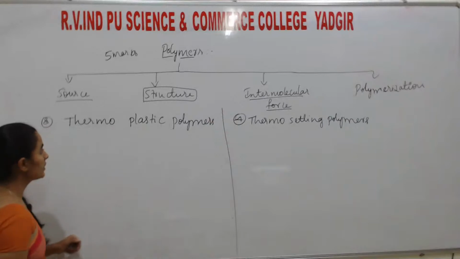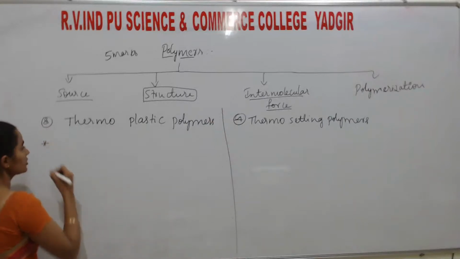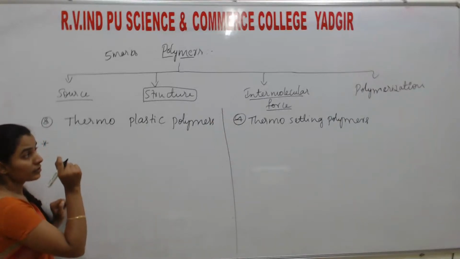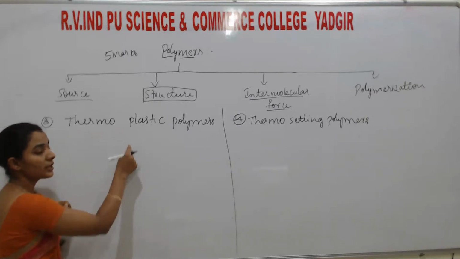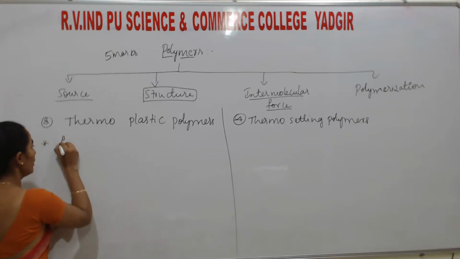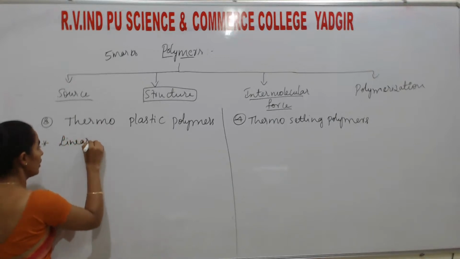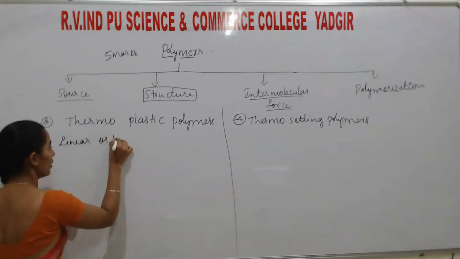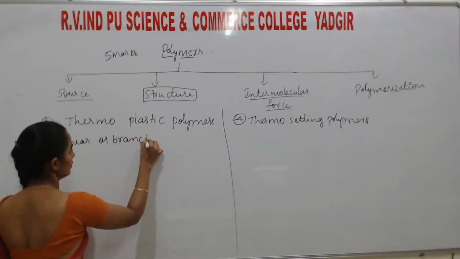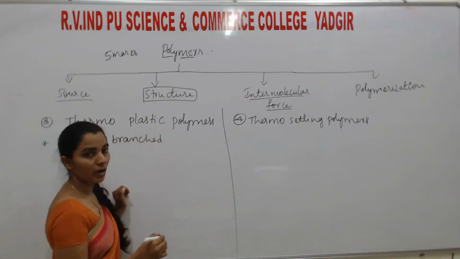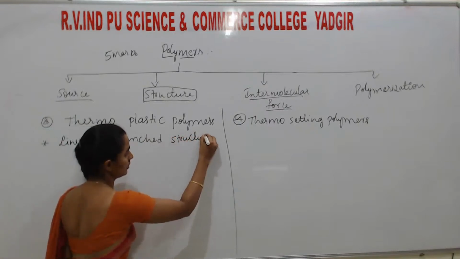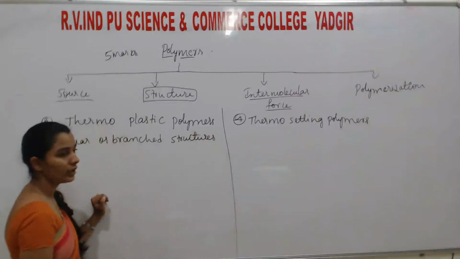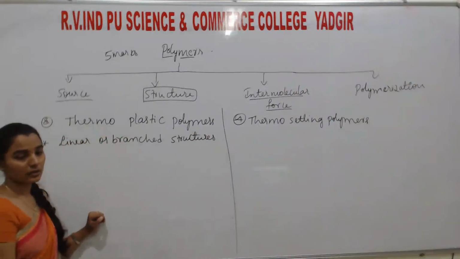Okay. As we come to this, students, the first one is the structure. So these are the intermolecular forces. So these thermoplastic polymers are linear or branched structures. Linear or branched structures.